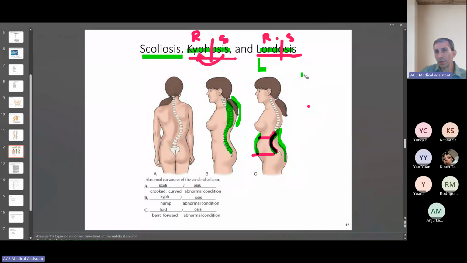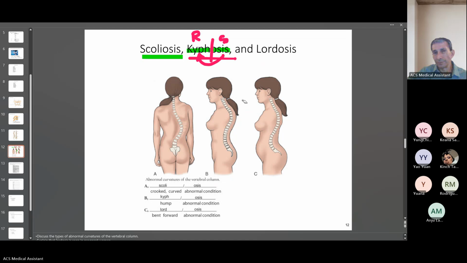Now let's talk about scoliosis, because it is most commonly known. Of course, with kyphosis you may not know the names, but we see a lot of people with the hump in the back, particularly the elderly.